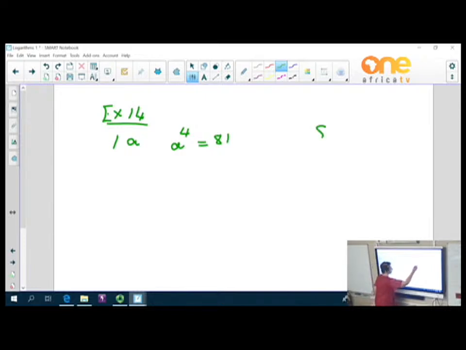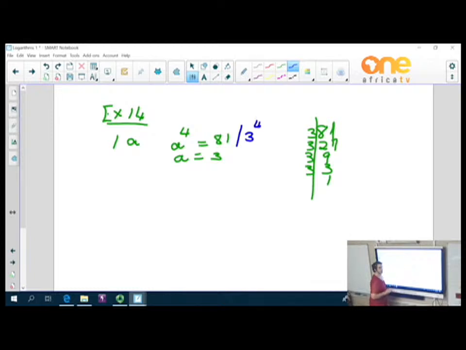Again, you can go through that method of dividing 81 by 3: 27, 9, 3. So A is equal to 3. Or you can also change this one to 3 to the power of 4. And now because your indices are the same, we can find the base.